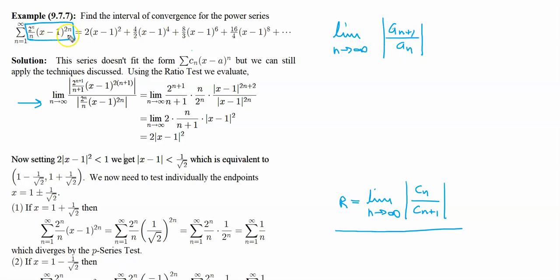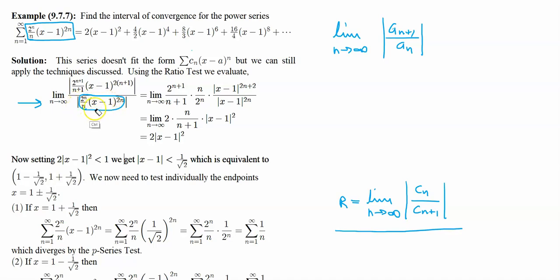So that's our a_n. Notice that if we put n plus 1 in for these n's, that's the numerator right here. So right here is a_(n+1), and then a_n is the denominator right here. So this is a_(n+1) over a_n.